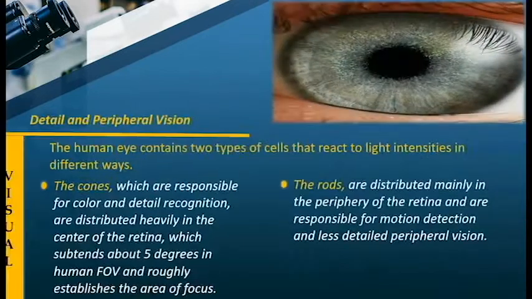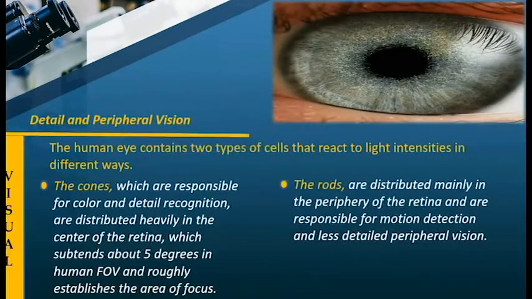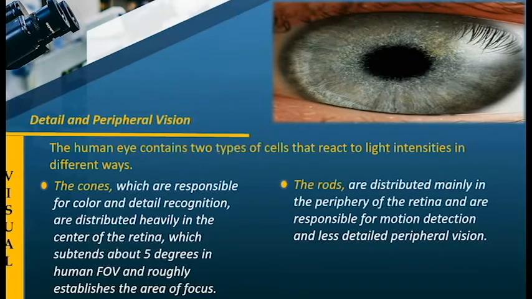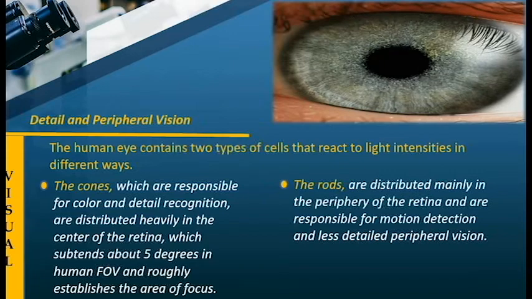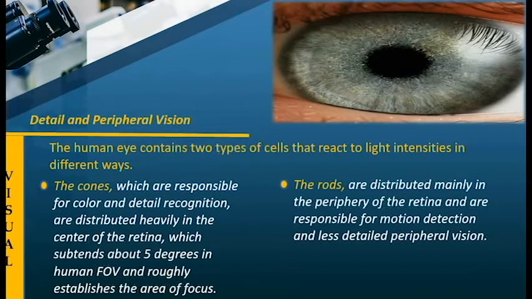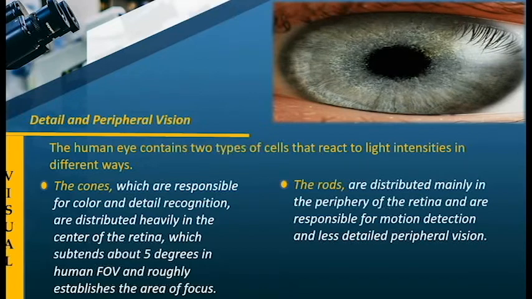So let's go with the detail and peripheral vision. The human eye contains two types of cells that react to light intensities in different ways. We have the cones and the rods.